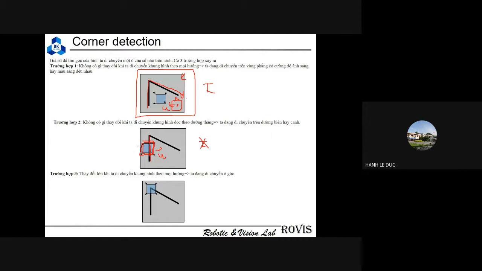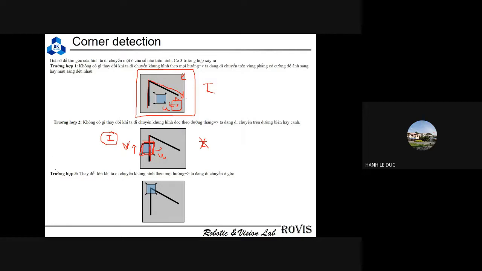But when I slide in the V direction, you can see that the intensity in the V direction changes. So I recognize that I'm sliding along a line.